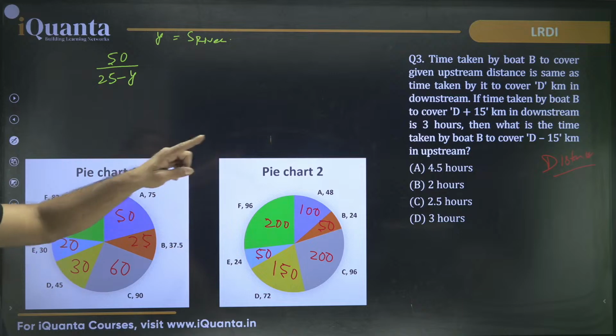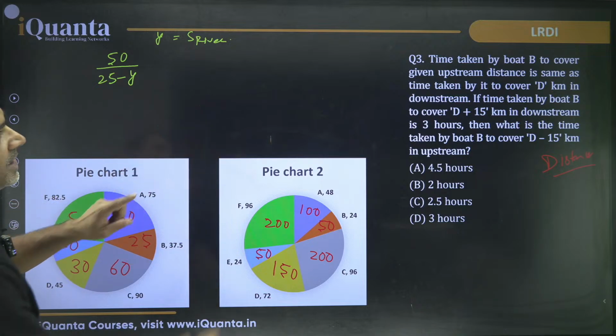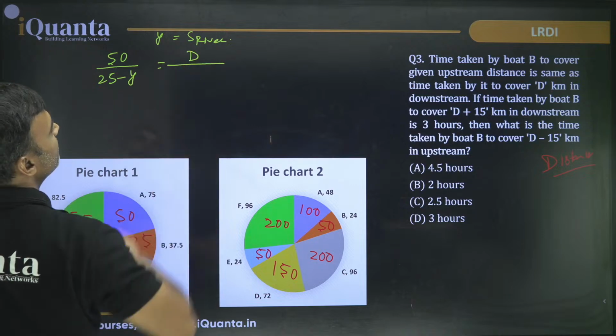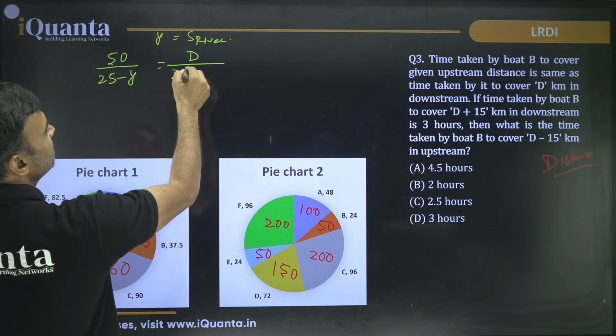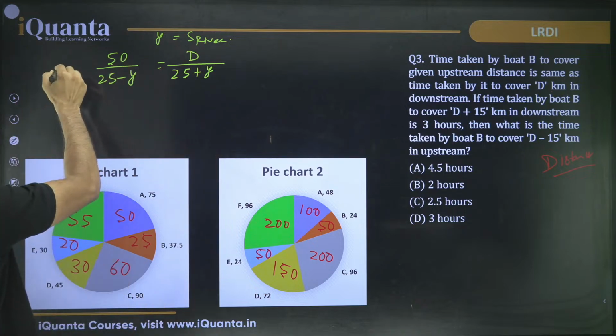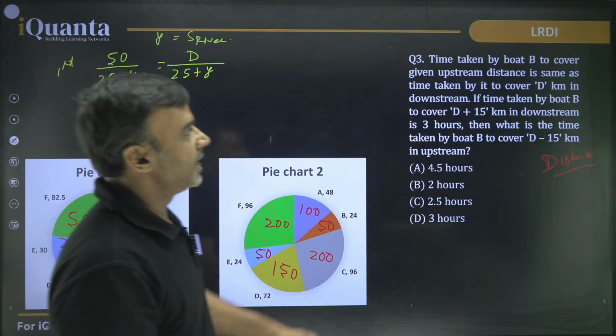Time taken by boat B to cover this given upstream distance is same as the time taken by it to cover D kilometer downstream. So D divided by downstream speed will be 25 plus y. ये हो गया. This is one information. This is first case. What is the next case?